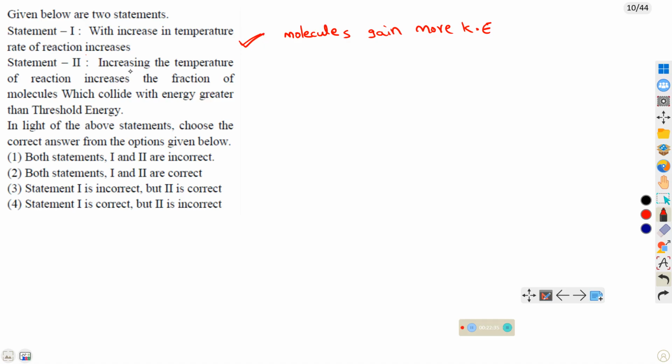Statement 2: increasing the temperature of the reaction increases the fraction of molecules which collide with energy greater than threshold energy. This is also correct according to Maxwell-Boltzmann. So both the statements are correct.